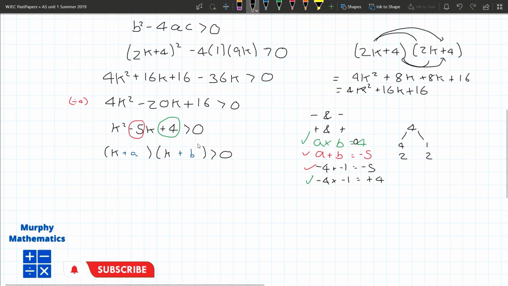So I know factorizing these, I'll have k, so my a I said is minus 4, and I'll have k, which is minus 1.